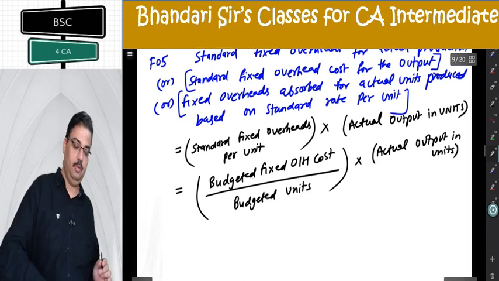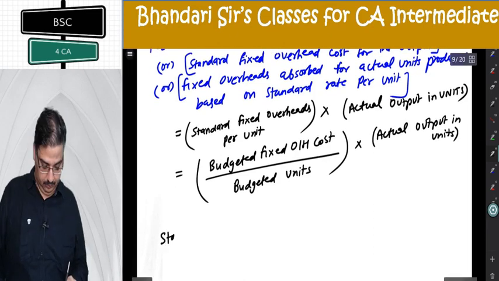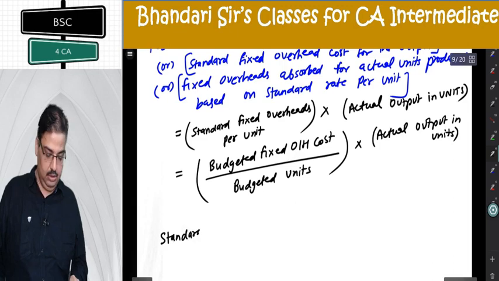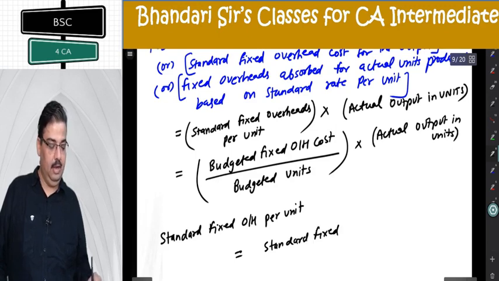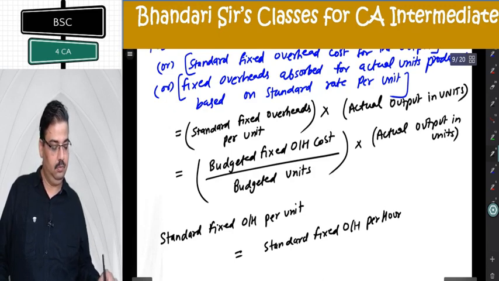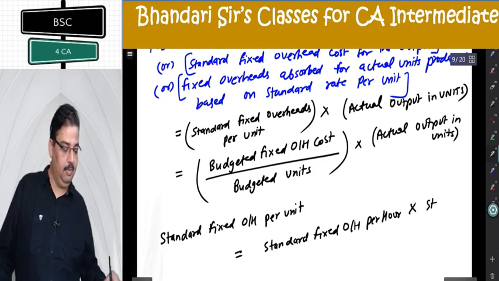There is an alternate way also. Standard fixed overheads per unit is equal to standard fixed overhead per hour multiplied by standard hours per unit.